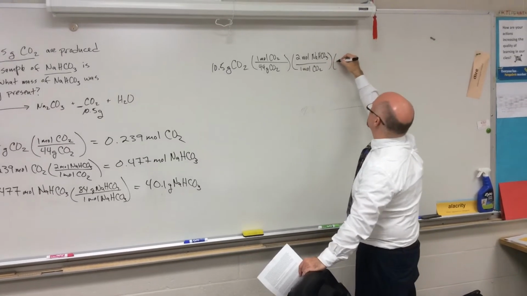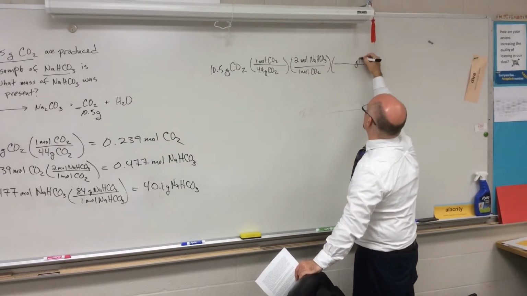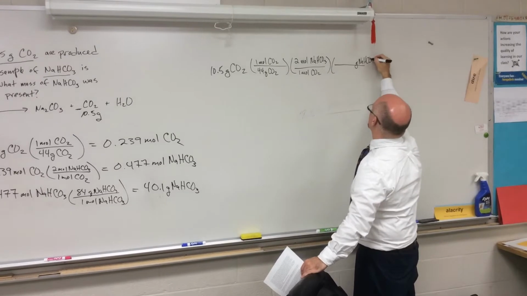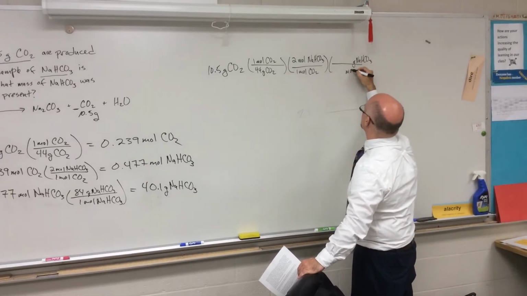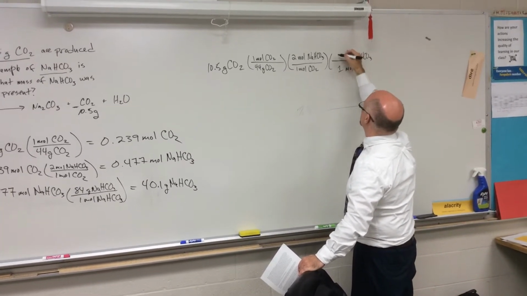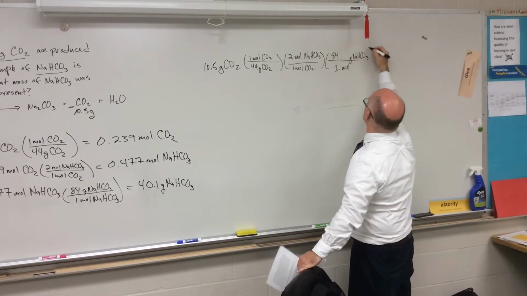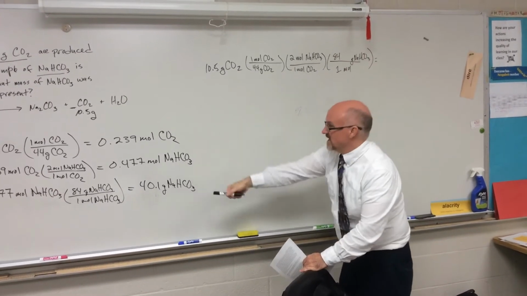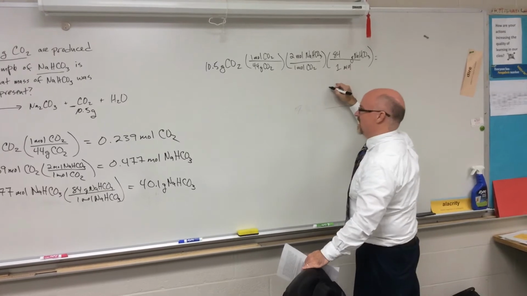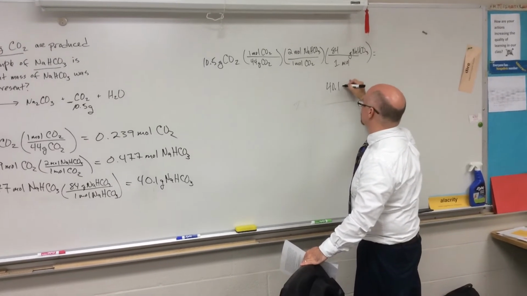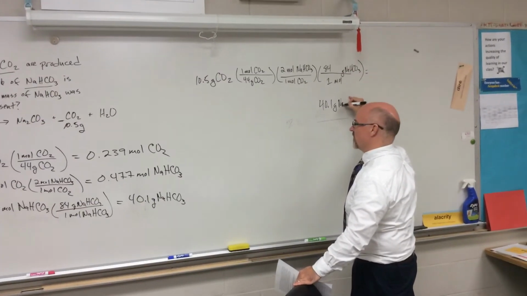And then to get to grams, I need grams of NaHCO3. Notice how I'm kind of putting labels in first here. And in 1 mole, that weighs 84 grams. And it's the same three fractions. I'd do the same math. I would get the same answer. It's just a different way of writing it.